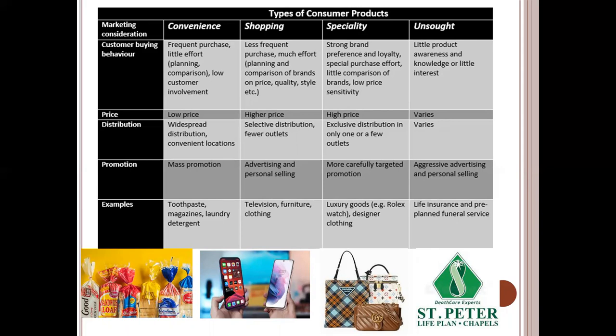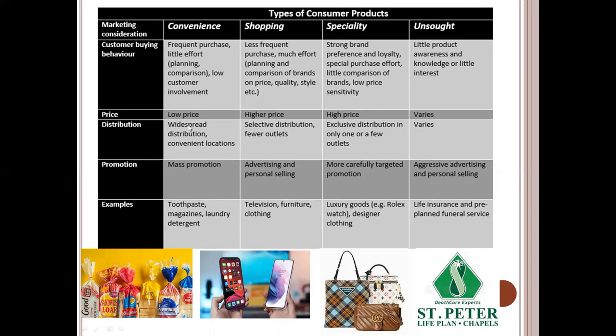So for convenience offerings, these are products and services consumers generally don't want to put much effort into shopping for because they see little difference between competing brands. So for example, we have here the bread. So let's see the table. We have frequent purchase, little effort.